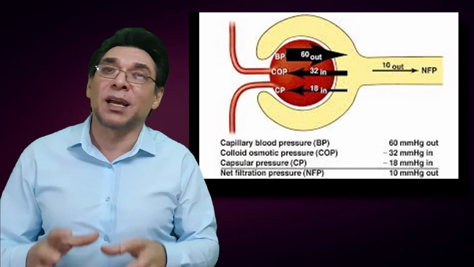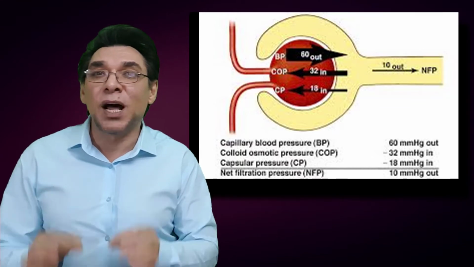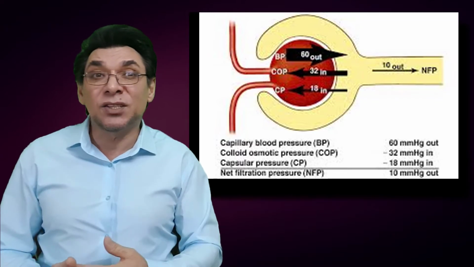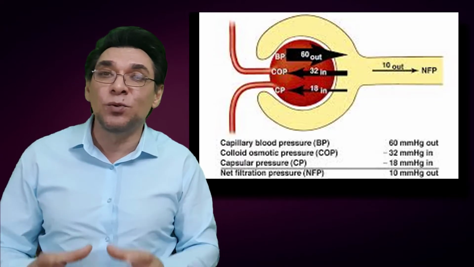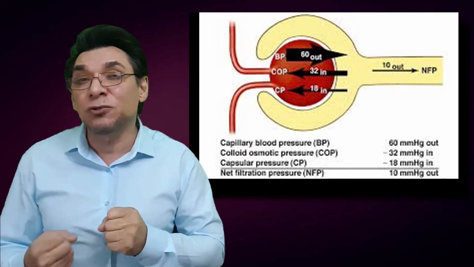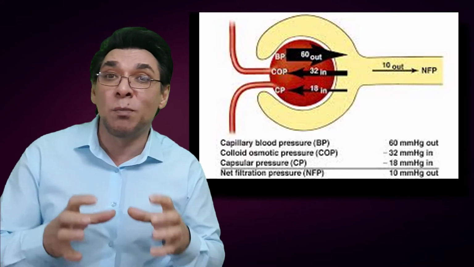The glomerular capillary pressure is the blood pressure in the glomerular capillary. It's the major force causing fluid to move from the glomerular capillary across the filtration membrane into the Bowman capsule.